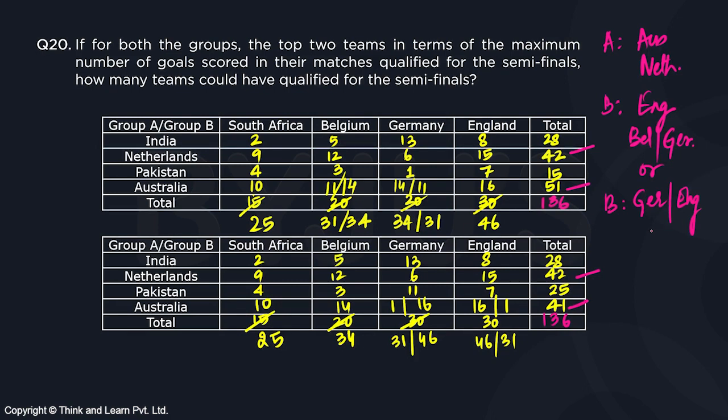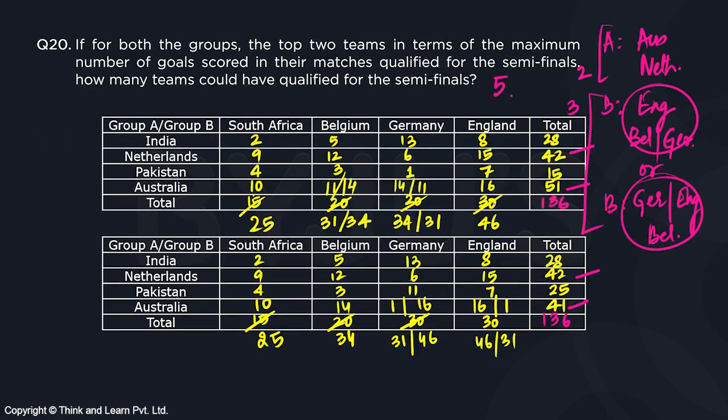And the next one is going to be Belgium. So whichever is the scenario, England, Belgium or Germany, out of these 3, 2 will proceed. But which 2 we don't know. So we can say that a total of 2 teams from Group A and a total of 3 teams from Group B. Out of these 5, 4 will proceed. So the answer is going to be 5.